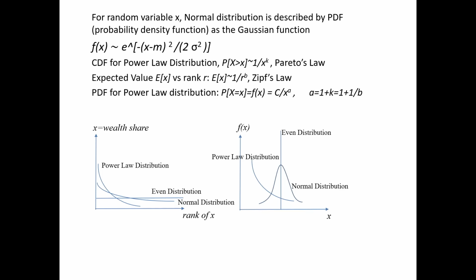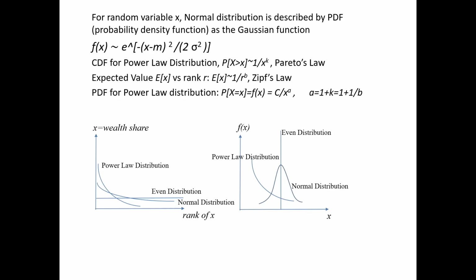Pareto's law talks about the cumulative density function of the probability, and Zipf's law talks about the rank of that outcome. So basically, the random variable X versus the rank of X, which is more displayed in this chart.